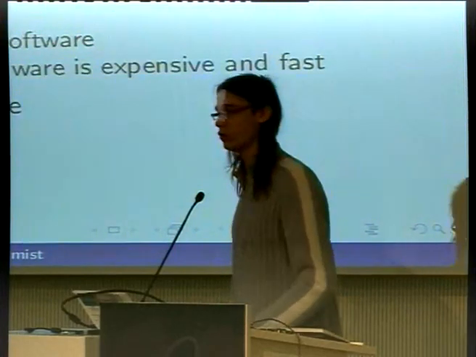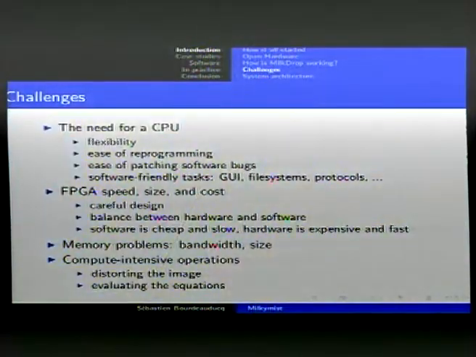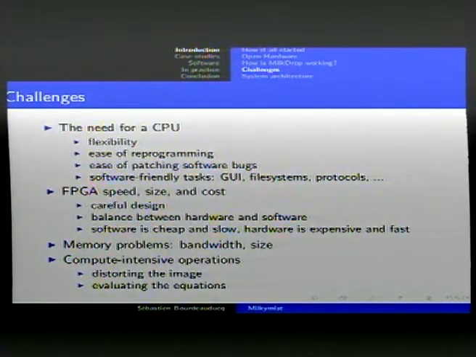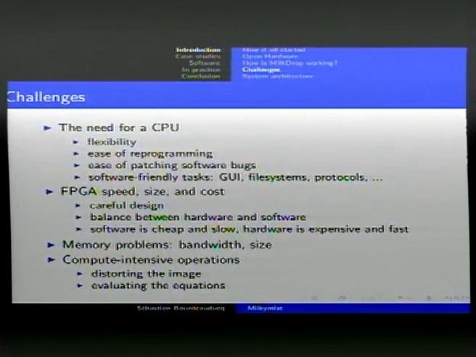So the challenges involved with designing such a system are, first, the need for a CPU, because Milkrop overall is a very complex system, and if I were to implement everything in hardware without any software, it would get horribly complicated and not even efficient, because I would need many big state machines, which would fill up my entire FPGA and which would be awful to program.